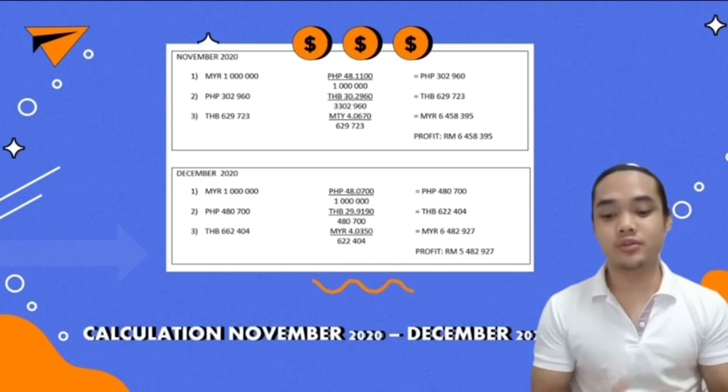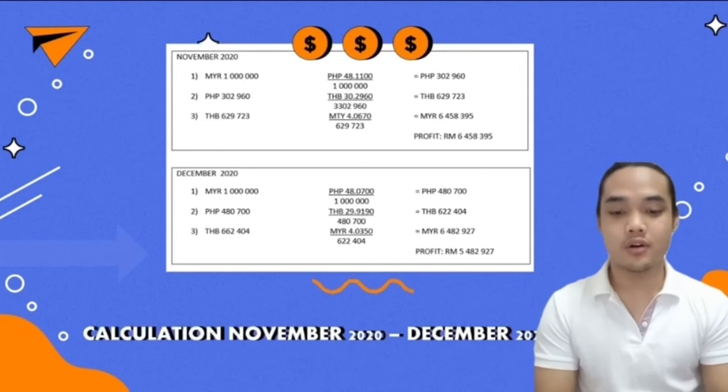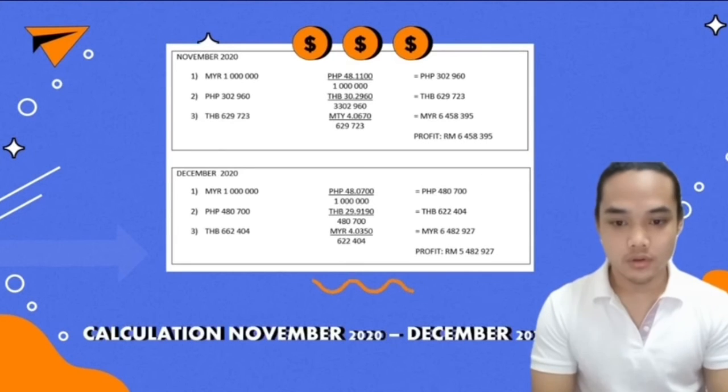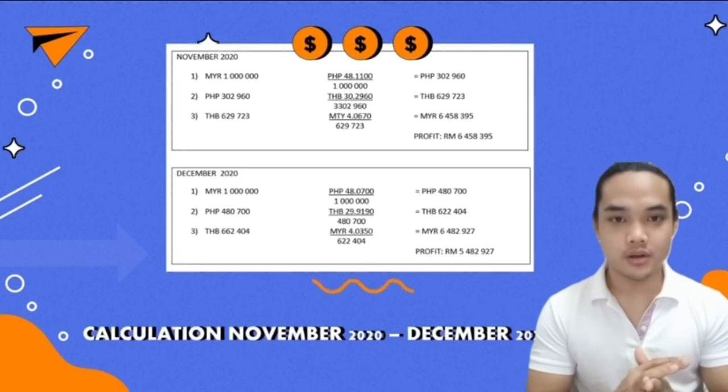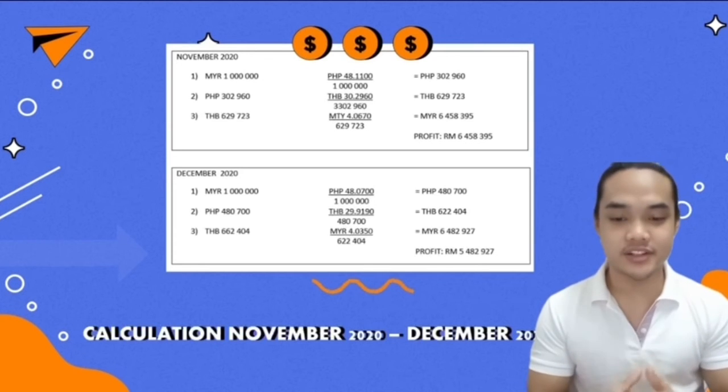So next, I'm going to explain to you the process of currency arbitrage. The student were given 1 million ringgit Malaysia to invest and make a profit.